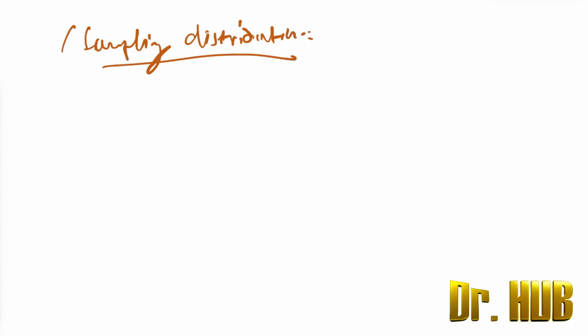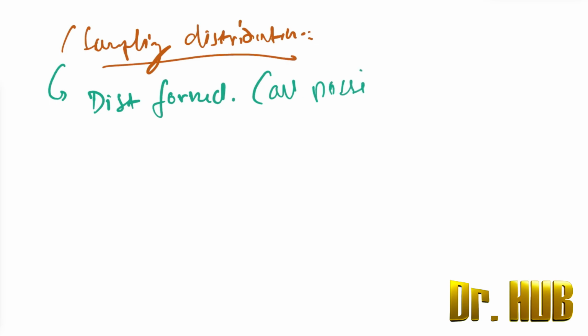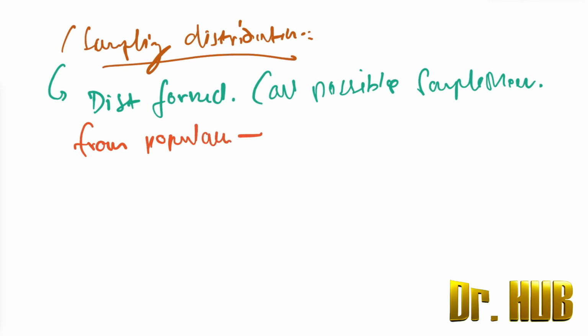This is the distribution formed when all the possible sample means from a population are plotted in a frequency distribution.